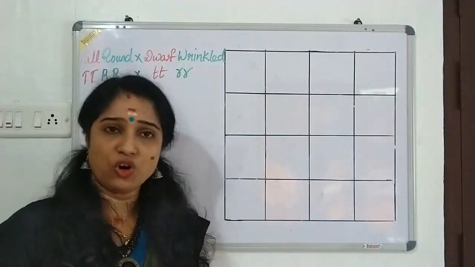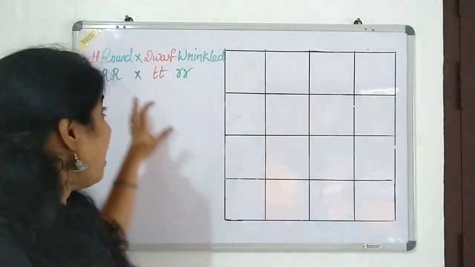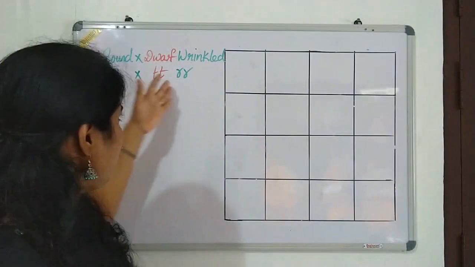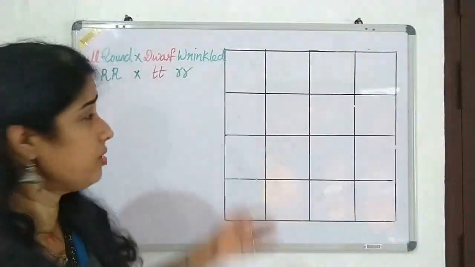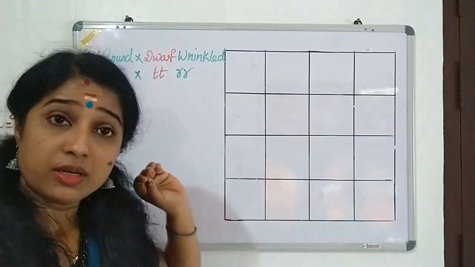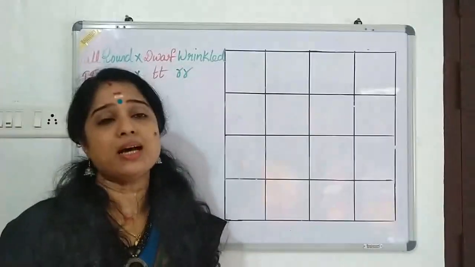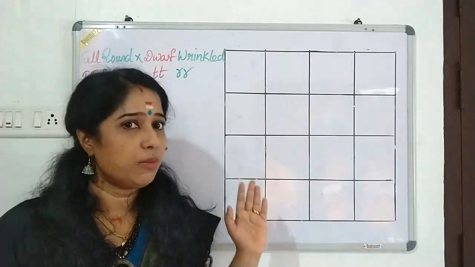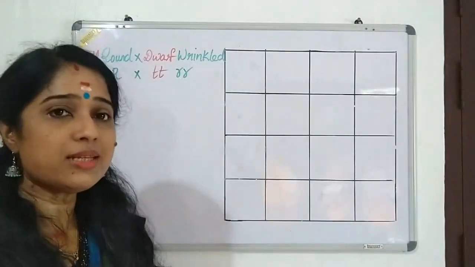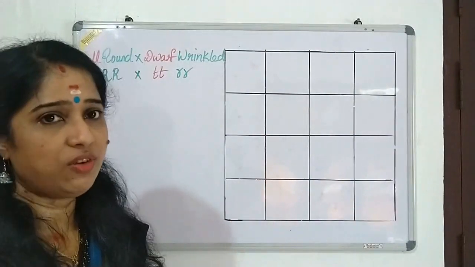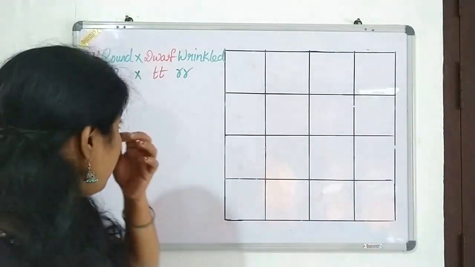He liked to have only pure tall, pure producing round seed. Of course, here there is no other combination. Dwarf, if both genes are small t only, it will become dwarf. And in the case of wrinkled, if both genes are small r, then only it will become what? Wrinkled.